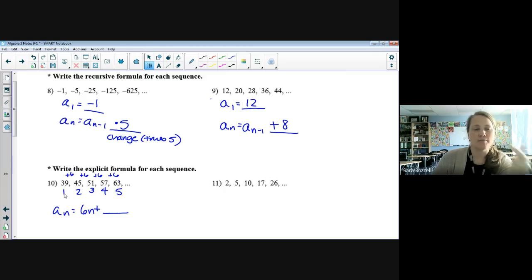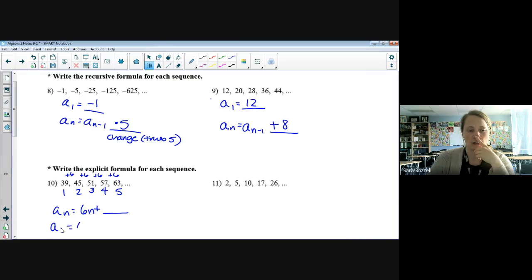So let's see. If I'm going to plug 1 into my equation, I need to get a 39 out of it, right? First term is going to give me 39. So 6 times 1 is 6, right? Plus what gives me 39? I'm just going to solve for it.